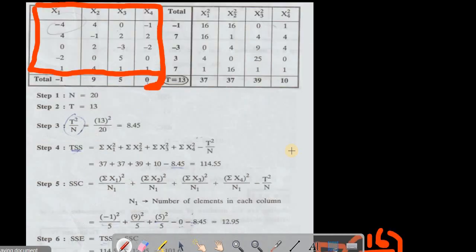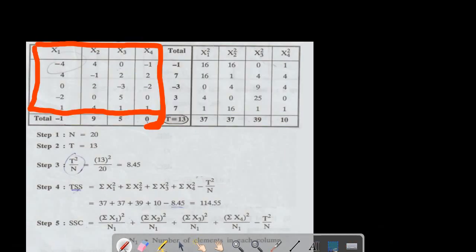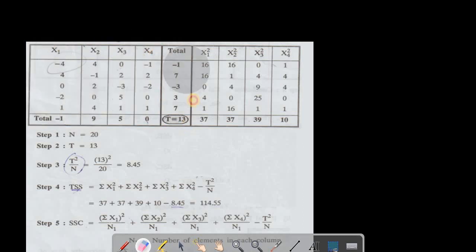Now what I have to do here is add all of them row-wise and write the totals here: minus 4 plus 4 is 0, minus 1, minus 1, 4 minus 1 is 3, 3 plus 4 is 7, 0 plus 2 is 2 minus 5 is minus 3, 5 minus 2 is 3, 1, 5, 6, 7.